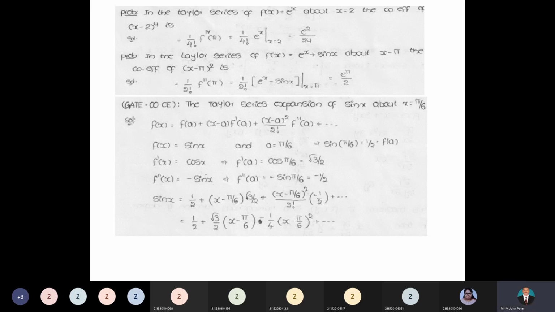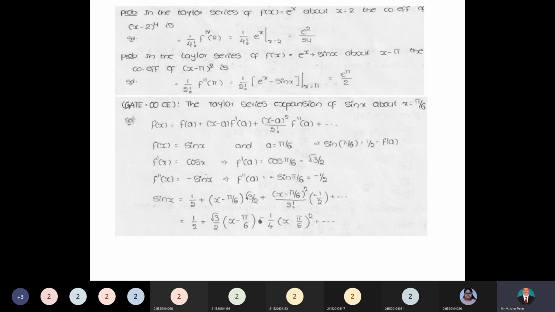If you want the exact value, mostly they won't mention the decimal value, they will keep it as it is. If required, pi is 3.14, e power 3.14, use it in the calculator. But anyhow, in the GATE exam they mostly won't allow a calculator. So this kind of result only you will get. So hence e power pi by 2 will be the answer.